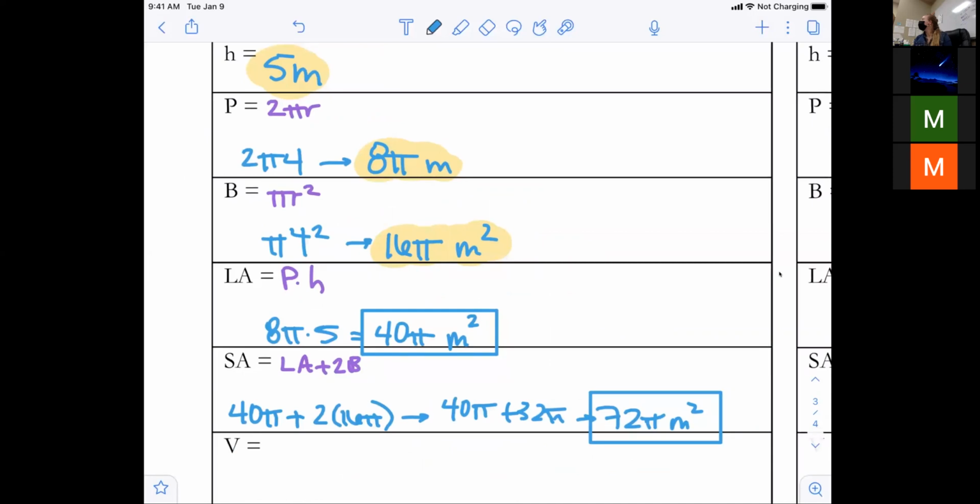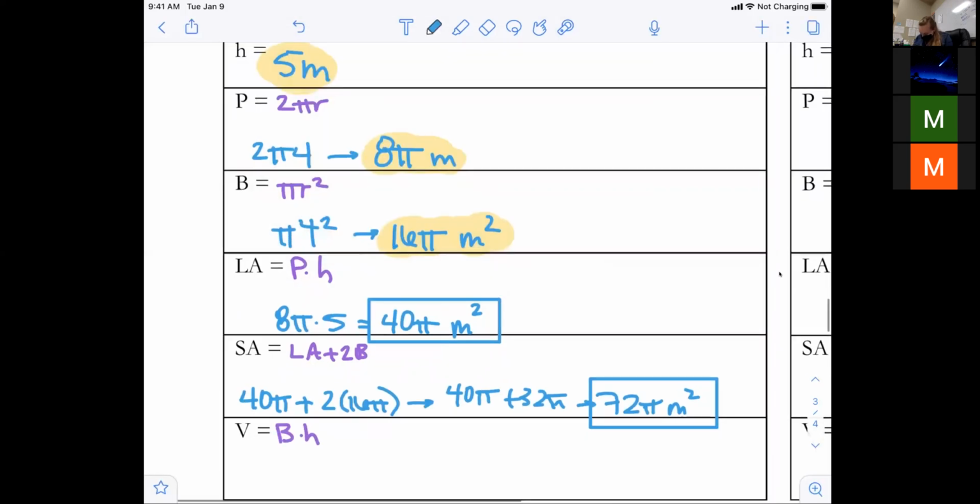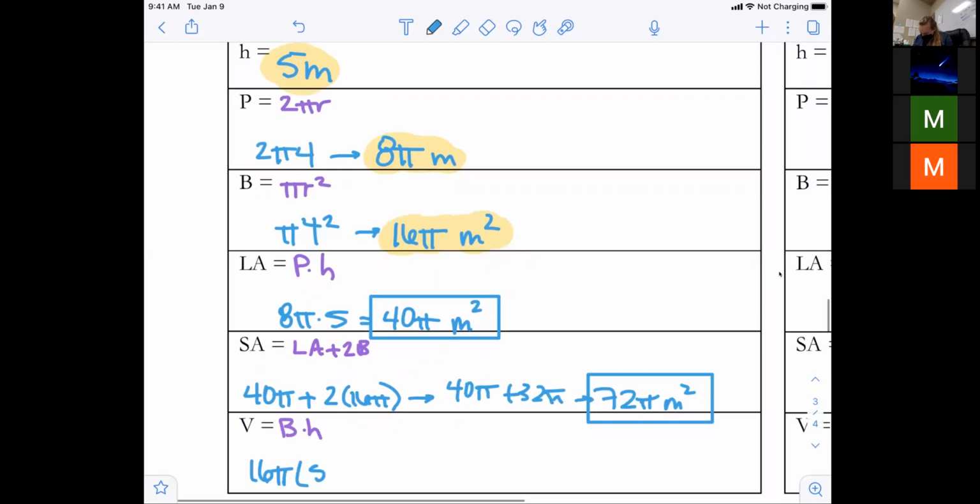Last thing is volume, which is B times H. B is 16 pi, H is 5. 16 times 5 is 80 pi. Remember, volume is always meters cubed.